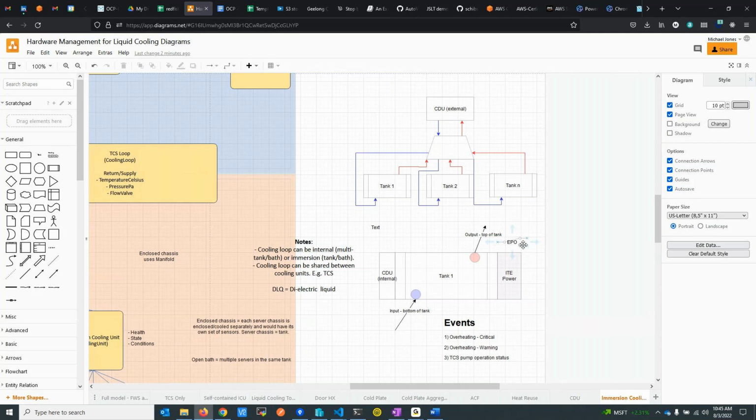Is that something that the controller within each tank is capable of, turning the incoming power off to the server, or how does that work? I think it works similar to what you would put to a cold plate, more than the tank itself. I mean, more than tank submersion.